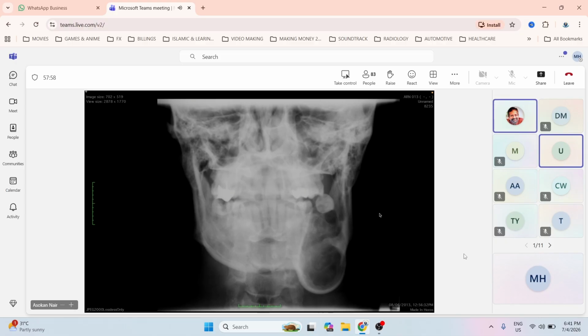Yes, okay. So in this case, you can think of two broad things. One is an expansile bony lesion. Anywhere in the body, an expansile bony lesion has a differential diagnosis, and in the particular case of the mandible, you can narrow it down. Number two, you can also talk about the differential diagnosis of floating teeth. What causes floating teeth? Again, you get a set of differential diagnoses.